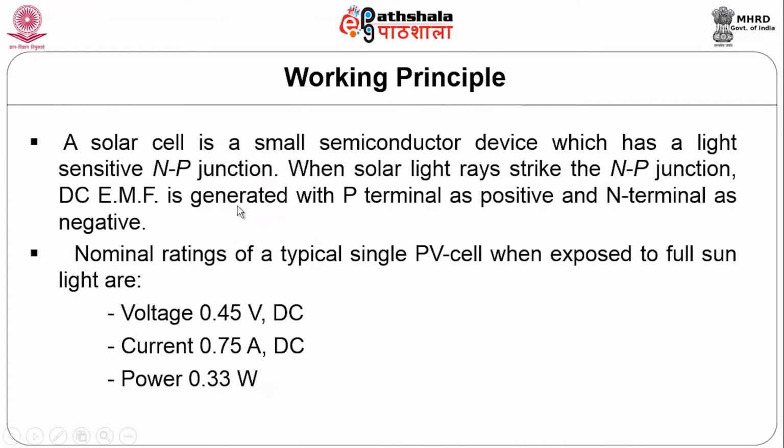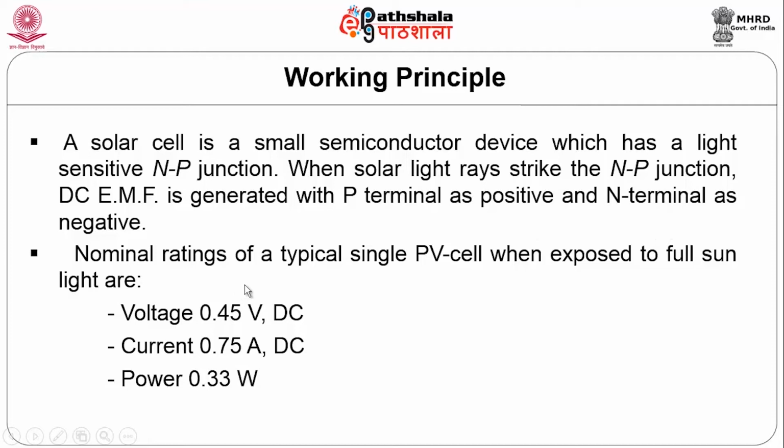The solar cell is a small semiconductor device which has a light sensitive NP junction. When solar light rays strike the NP junction, a DC EMF is generated with the P terminal as positive and the N terminal as negative.